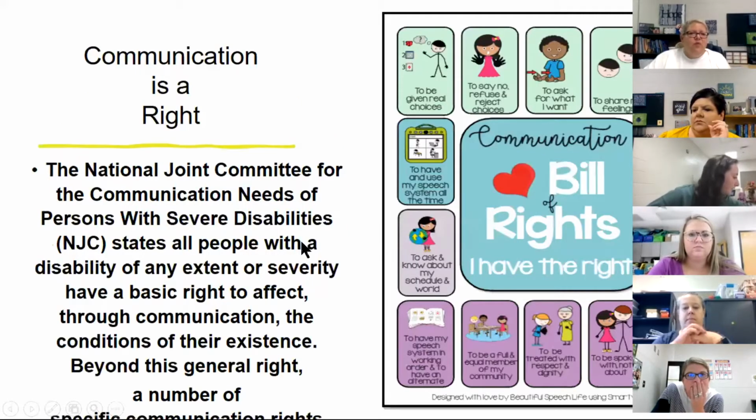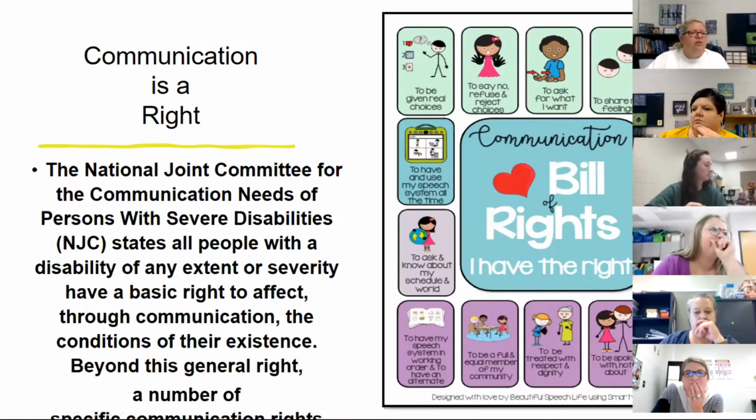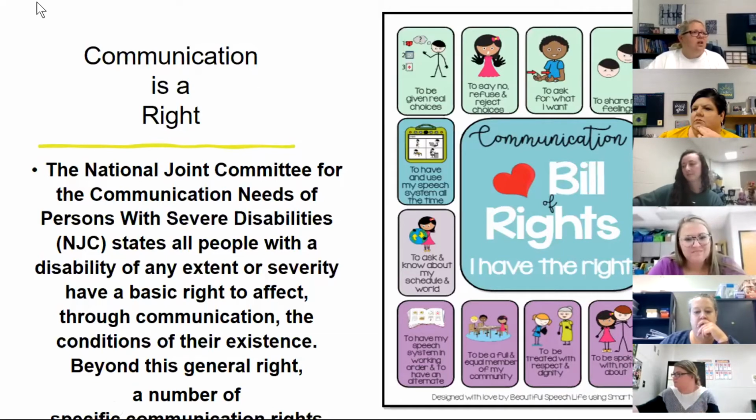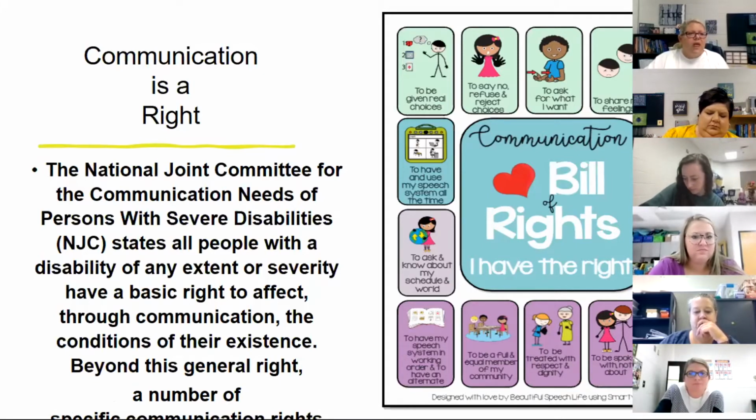So you've seen this before if you've been in any class with me, the Communication Bill of Rights. So communication is a right, and these rights are clearly laid out. If you want a copy of this for your classroom, we can make you a copy. We'll make it pretty and colorful and laminate it.